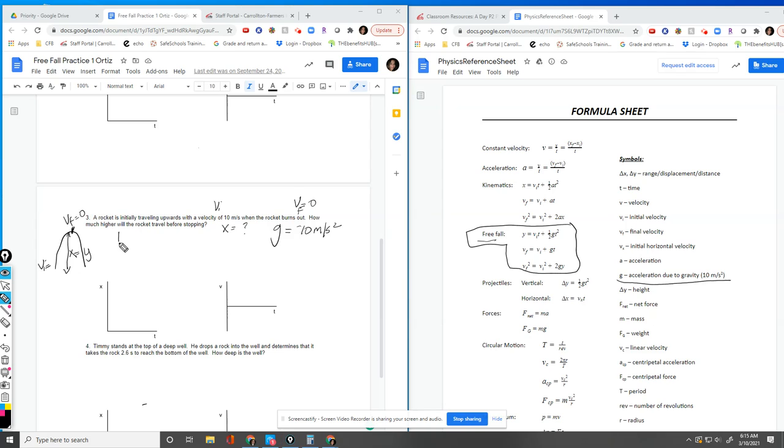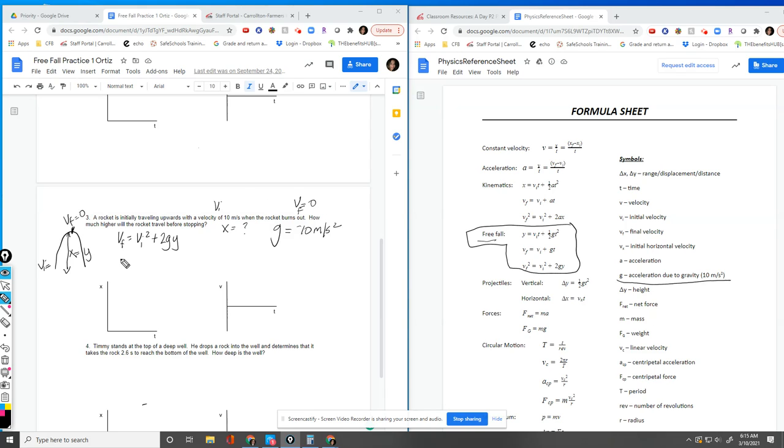So here we go. V final squared equals VI squared plus 2 gravity Y, okay? So let's substitute right away. We have all the variables right here. We have our picture. We have our formula. So we can just go straight into solving, okay? VF, we said, is 0.